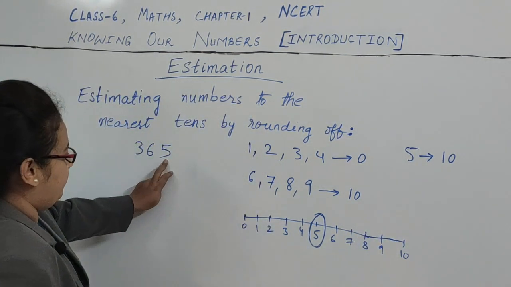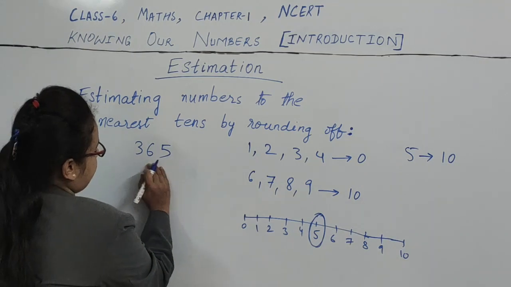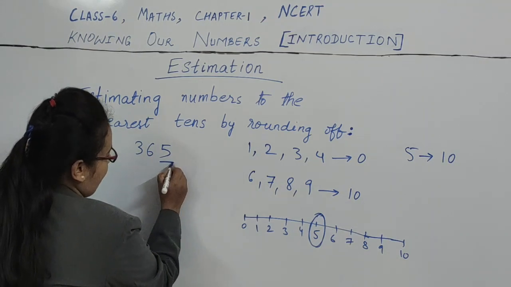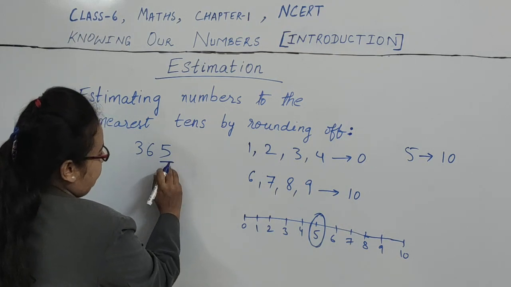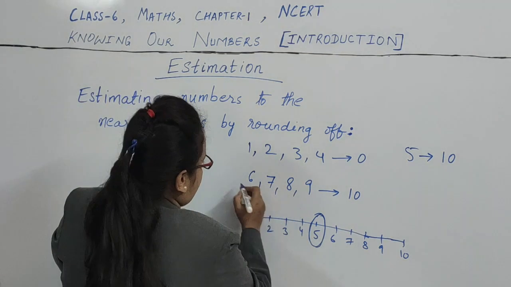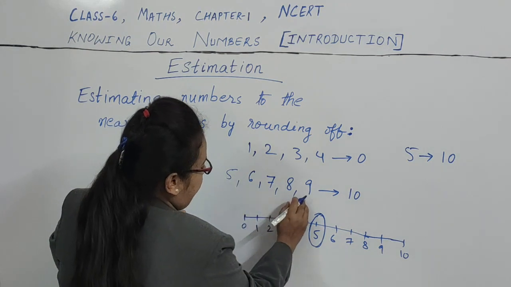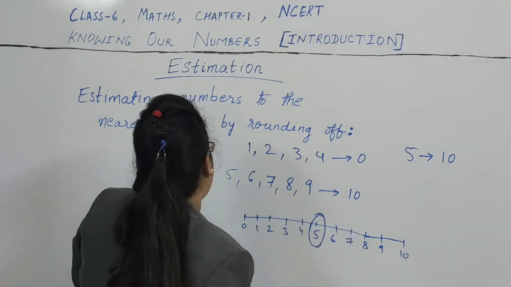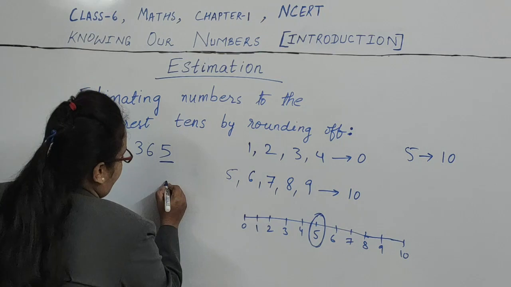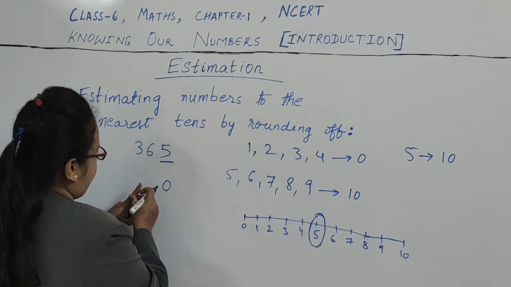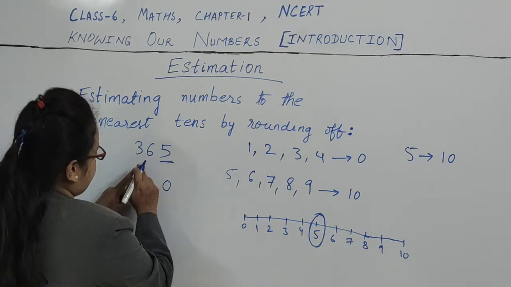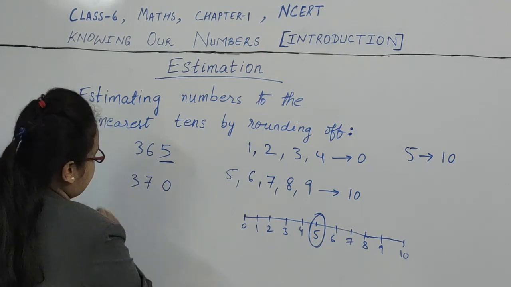So if we have to round off this 365, we will look at the digit at the ones place. The digit in the ones place is 5 and it will be rounded up. So 5, 6, 7, 8, 9 will be rounded off to 10. So this 5 will be rounded off to 10. So the ones digit will become 10, which means it will become 0, 1 carry, and this 6 plus 1 is equal to 7 and this is 3.